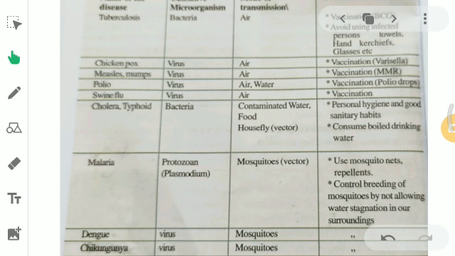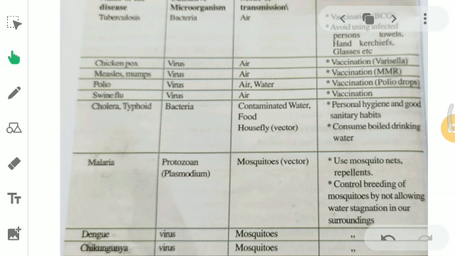When we control the mosquito, the diseases caused by mosquitoes are also controlled. They are malaria, dengue, chikungunya, and Japanese encephalitis. Mosquitoes are the agents of these diseases.